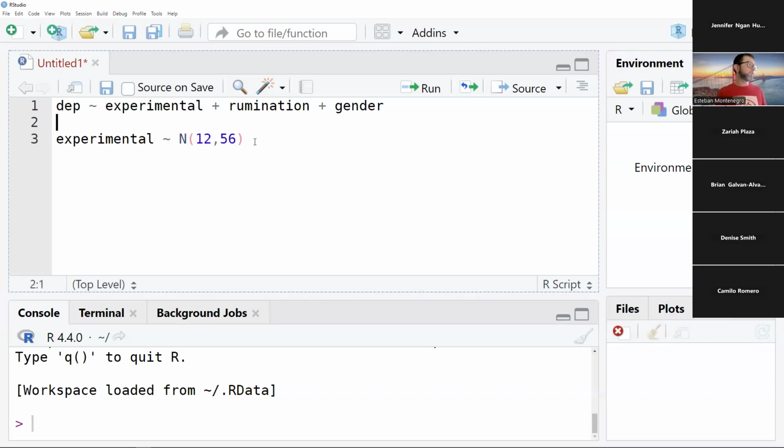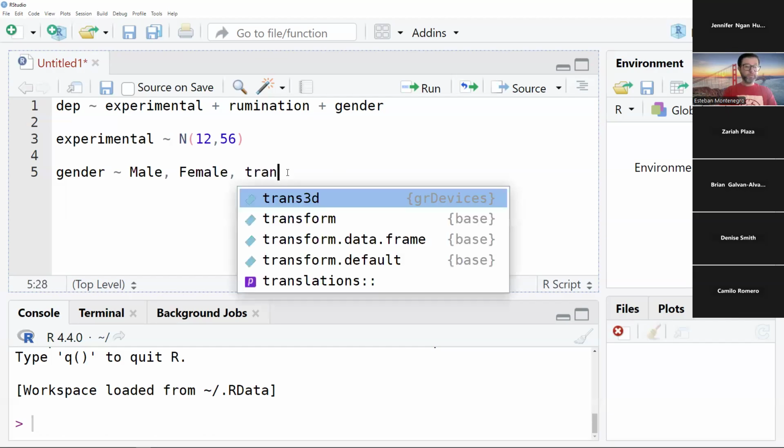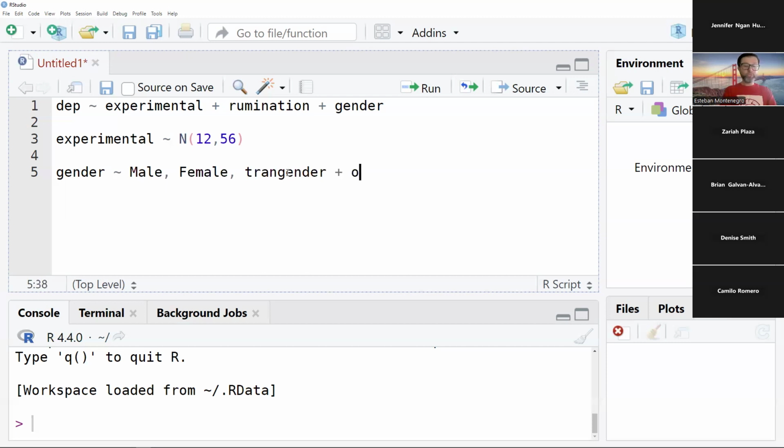Gender could be a set of categories, a nominal variable: male, female, transgender, or any other.